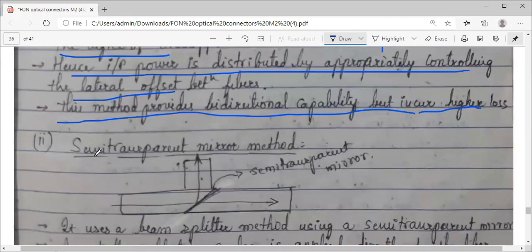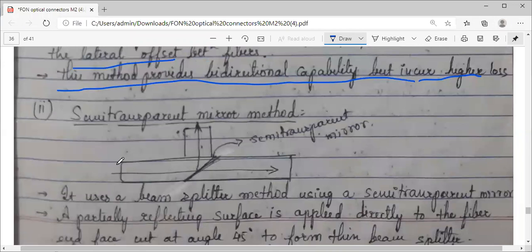Coming to the second type of method, how to get this coupling: the semi-transparent mirror method. In this, you can see this is your main fiber. In the main fiber, light is propagating. The direction is shown here. What is happening is, here in between, there is a slant position mirror kept inside.